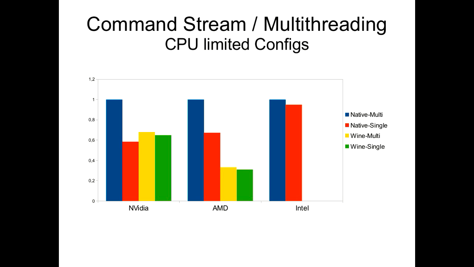So what I did was disable all but one CPU core in all operating systems and see what happened. So basically on the Nvidia card, those are all Direct3D applications, no OpenGL involved here. When I disabled the second CPU core in this device, Wine suddenly pulled up with Windows.